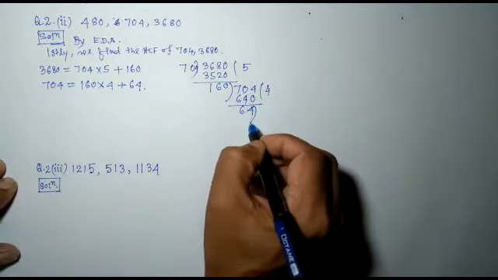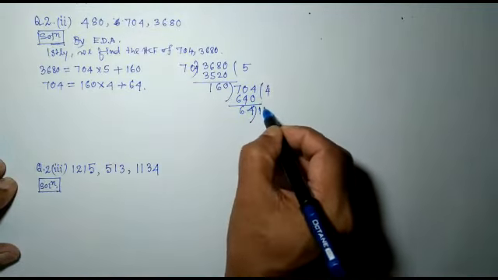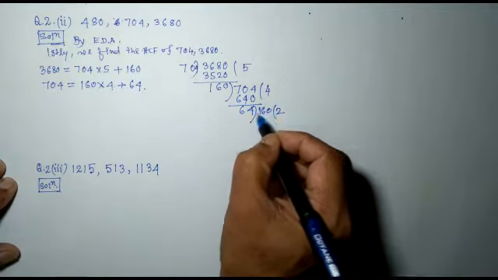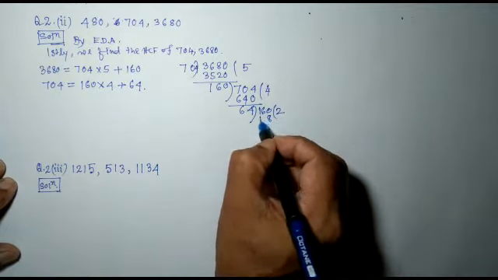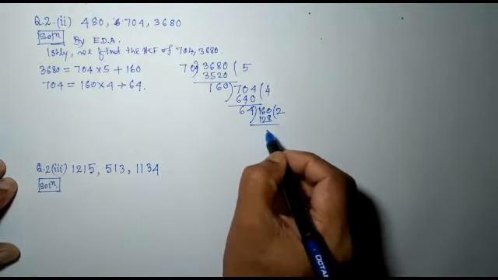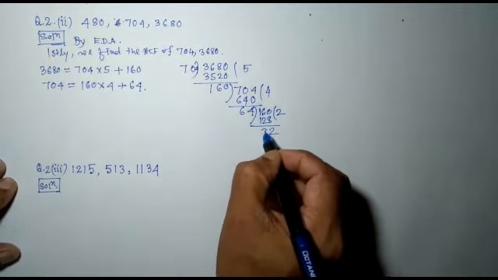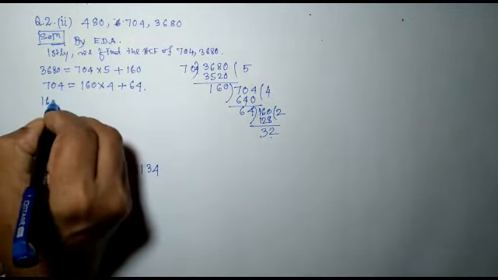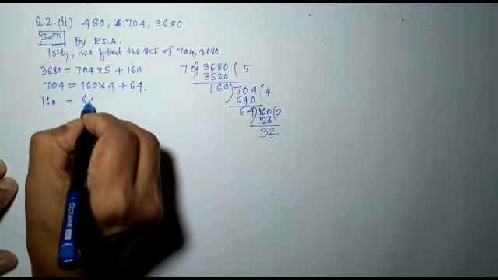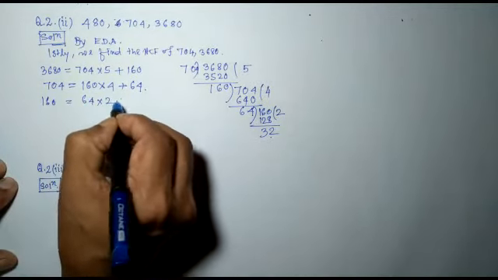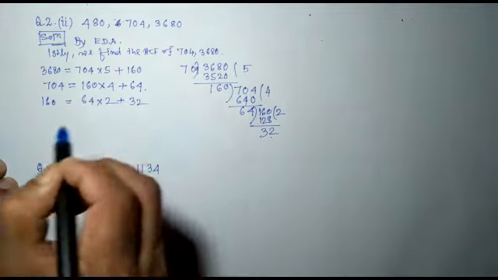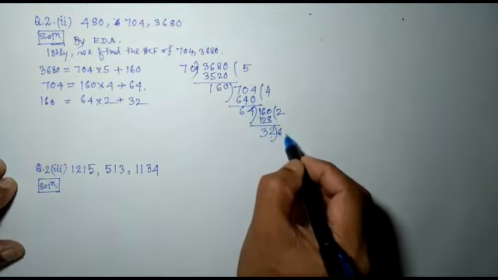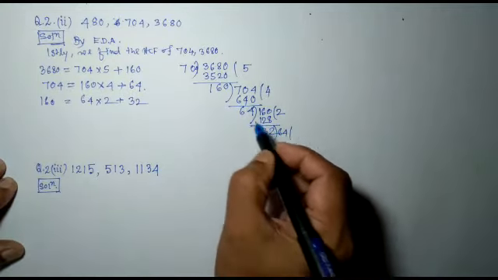We continue the division. We bring this 160 here, then divide by 64. Clearly it will be 2 times, 2 times 8 and then 12. Subtracting, we get 32. So we write for this division 160 is equal to 64 into 2 plus the remainder 32, and by this remainder 32 we will divide the previous divisor 64.